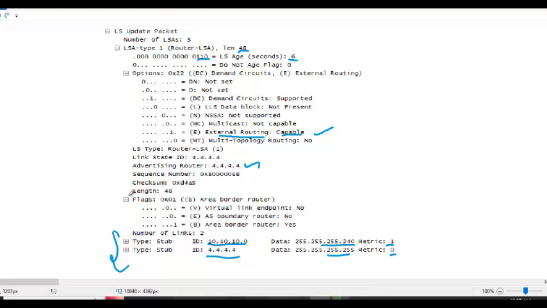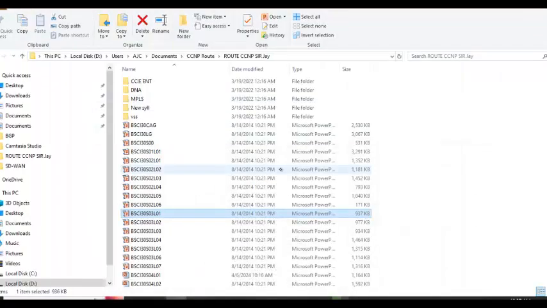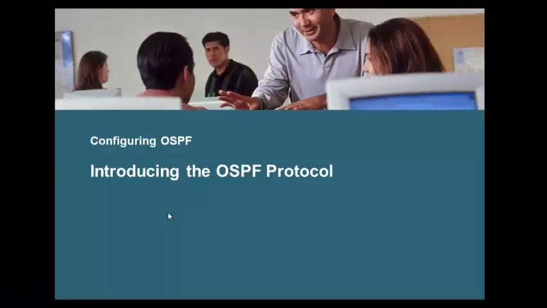Okay, now this LSA is, so LSAs are sent whenever there is a change. Hello packets are sent every 10 seconds. That is different. This is different.